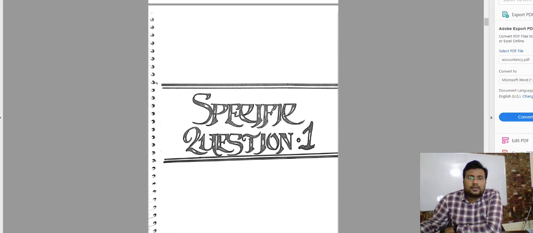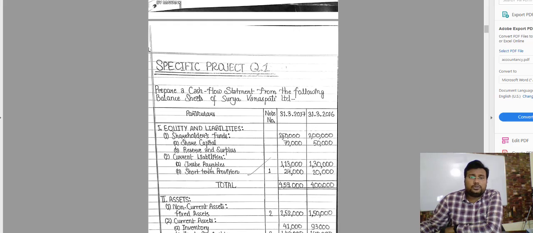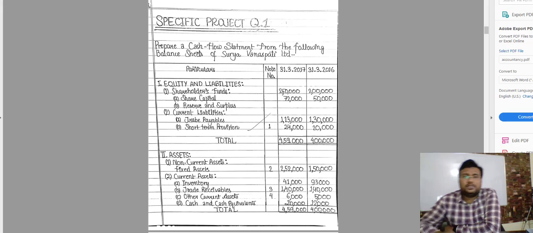Now bacha, your specific question, like suppose this is the question: prepare a cash flow statement from the following balance sheet of Surya Vanaspati Limited. This type of question you can get from book number 3, from the chapter on cash flow.